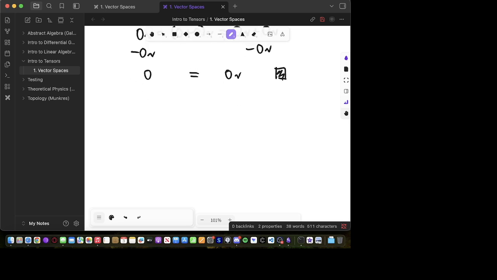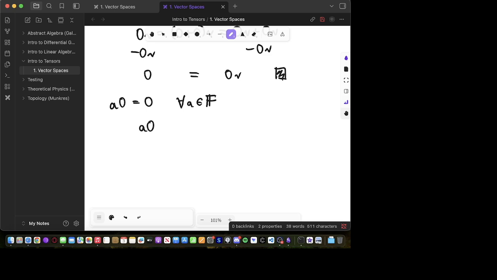So our next theorem is that a scalar times the 0 vector is equal to the 0 vector. So a times 0 equals 0 for all a in the field. The proof is very similar to the one we had before.